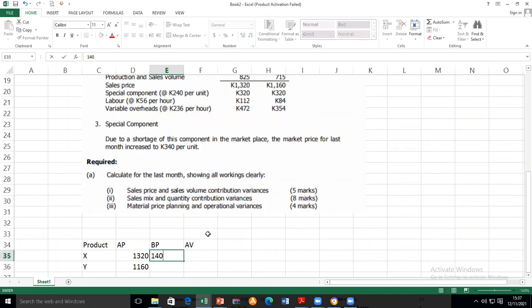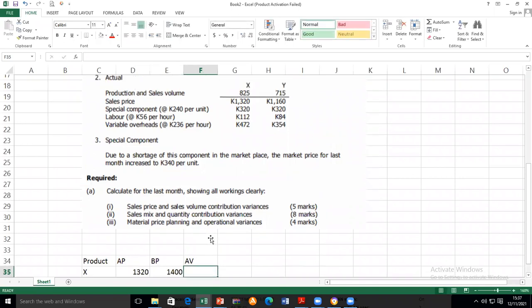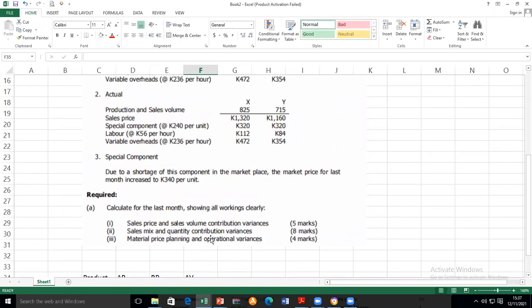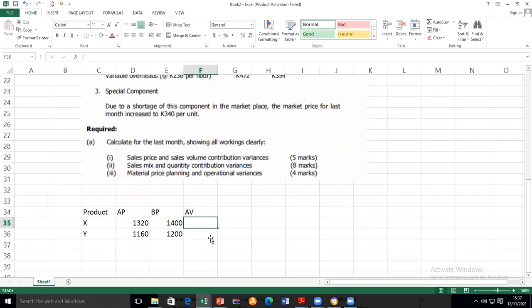Then the other, 1,200. What are the actual volumes? Here, 825. Y, 715.